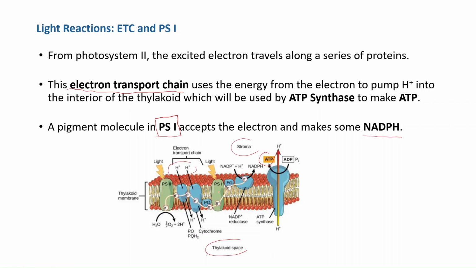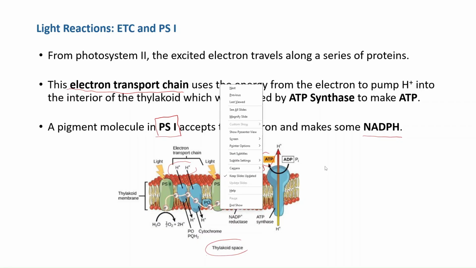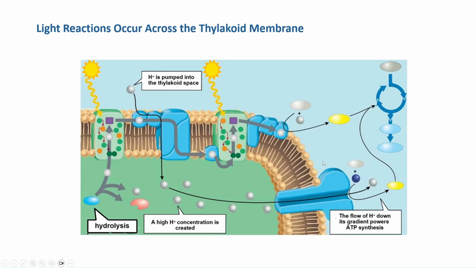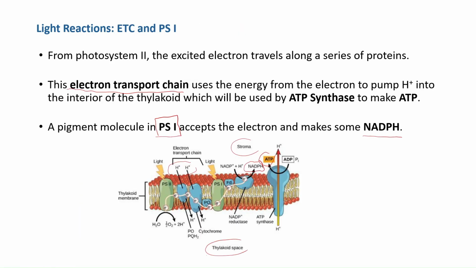Because light is going to hit photosystem 1, an electron gets excited, that electron is used to make NADPH, the chlorophyll needs to get an electron back, it takes the one that was coming through the electron transport chain. So you have 2 photosystems, both of them lose an electron. Photosystem 1 gets an electron back from the electron transport chain. Photosystem 2 gets the electron back from the breakdown of water.